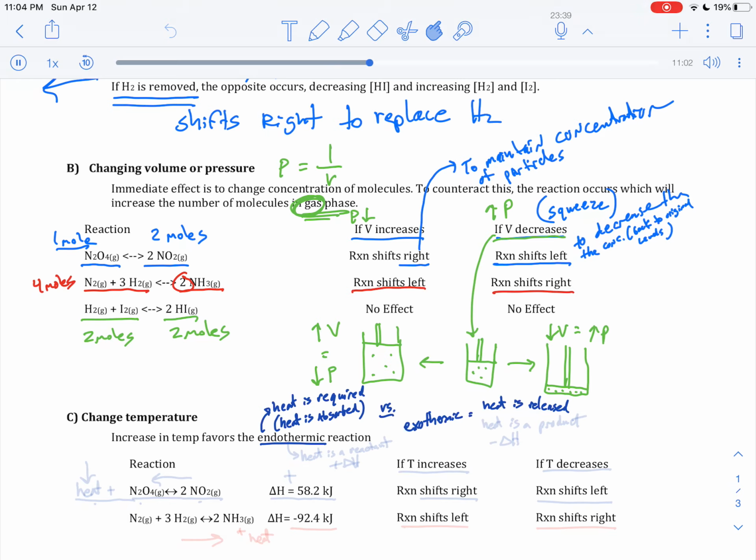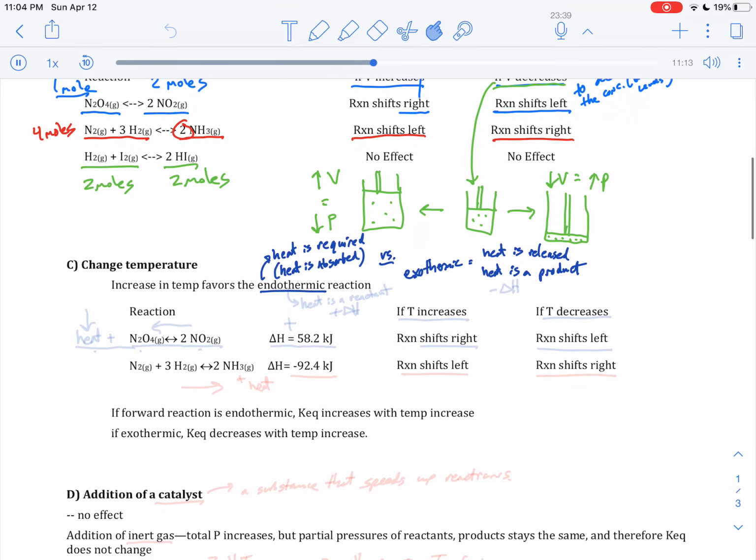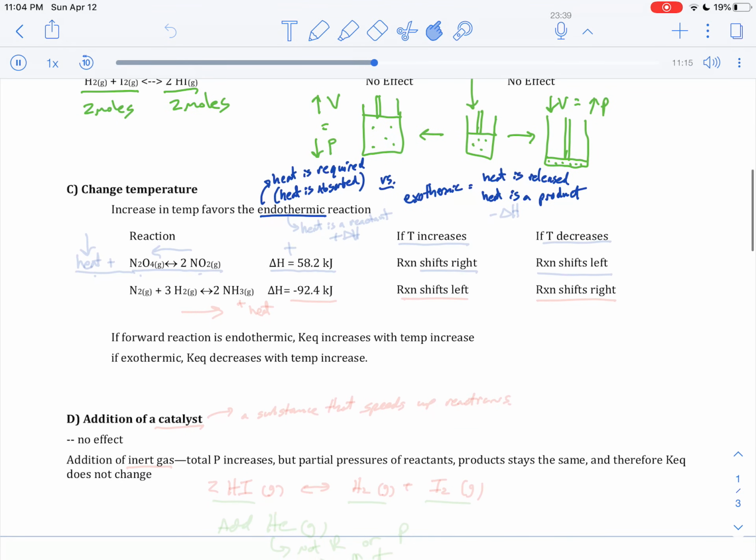Now, if heat is released, you can think of it as heat being a product. And if heat is a product in an exothermic reaction, that means in an endothermic reaction, heat is a reactant, because after all, endothermic reactions require heat to take place.